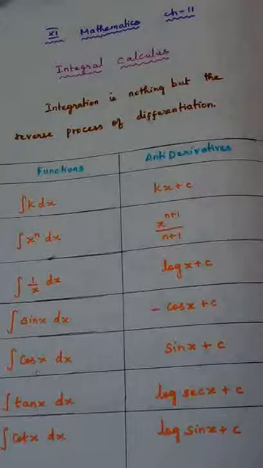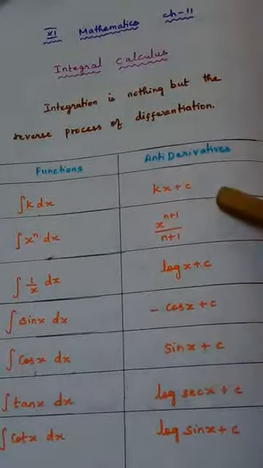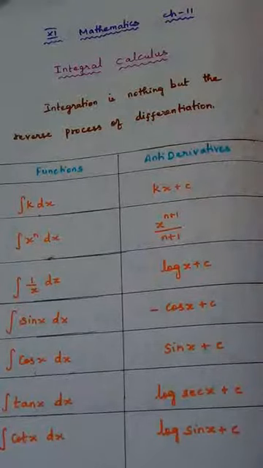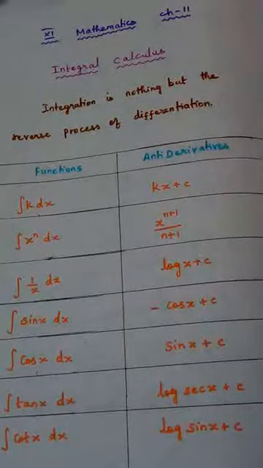You would have remembered that in differential calculus also we started with a similar table stating formulas of basic differentiation. In integral calculus also, we will start with the basic formulas, which are very, very important for this chapter.